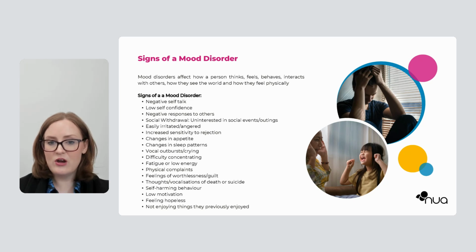It can involve low self-confidence, negative responses to others, social withdrawal, so being uninterested in social events or outings, preferring to spend more time alone, being easily irritated or angered, increased sensitivity to rejection, changes in appetite, so where a child or young person is either eating a lot more or a lot less than they would normally. Changes in sleep patterns.